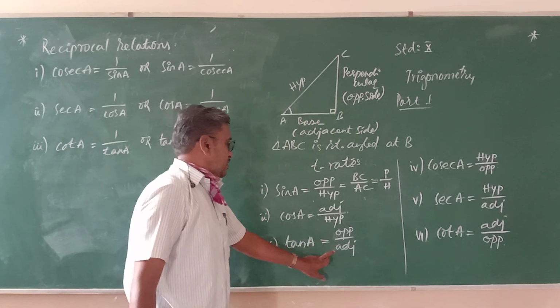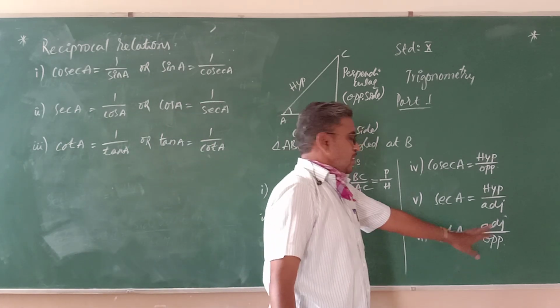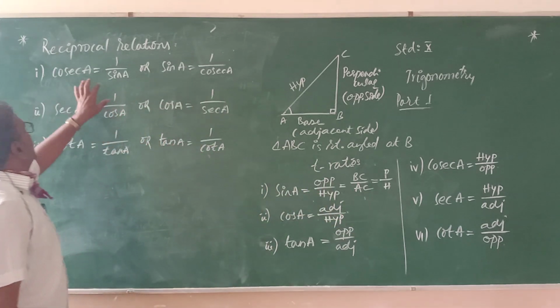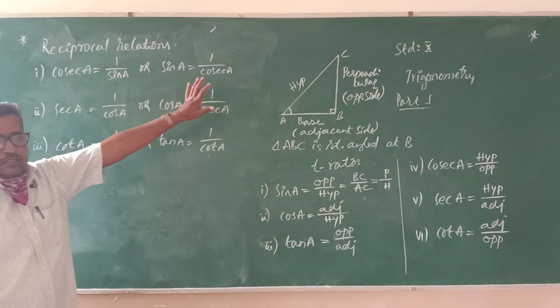Tan A is opposite by adjacent, cot is adjacent by opposite. These are said to be reciprocal relations.